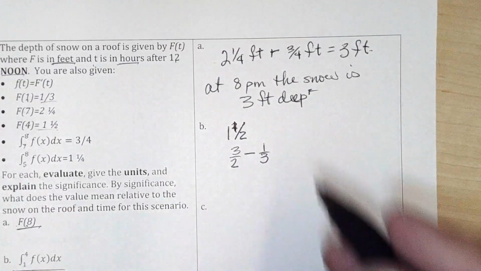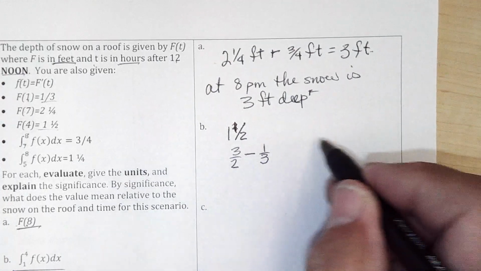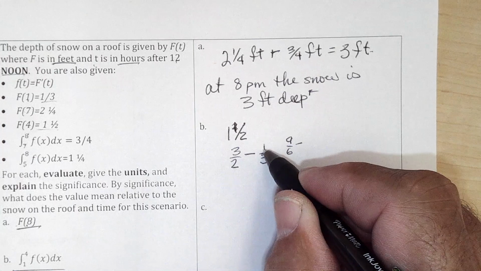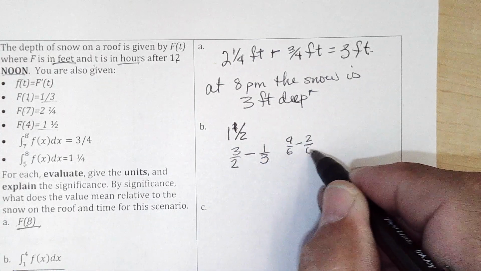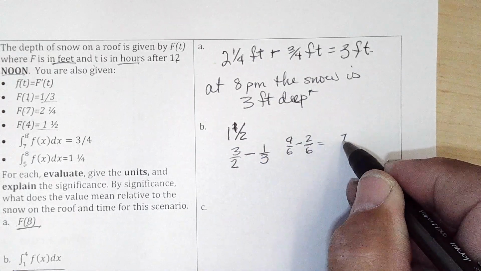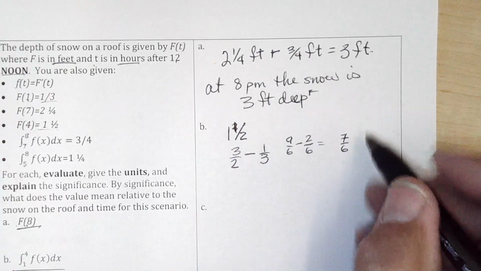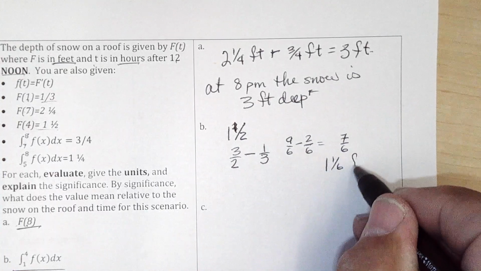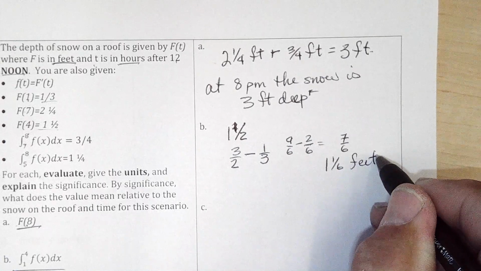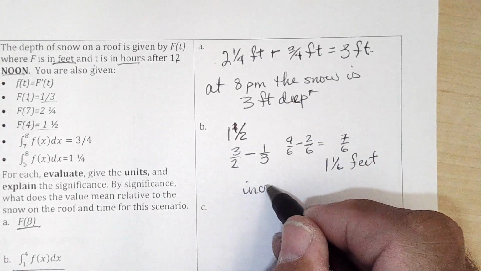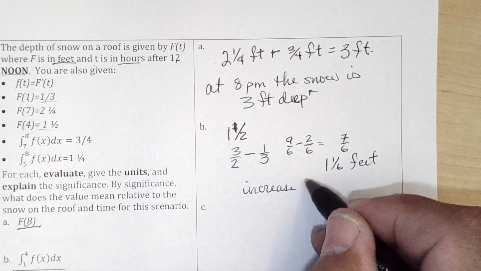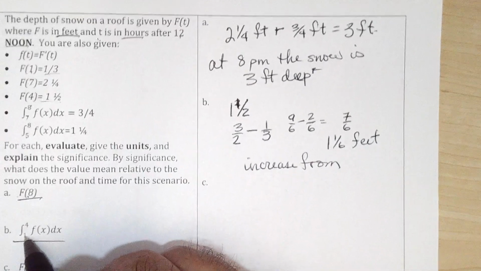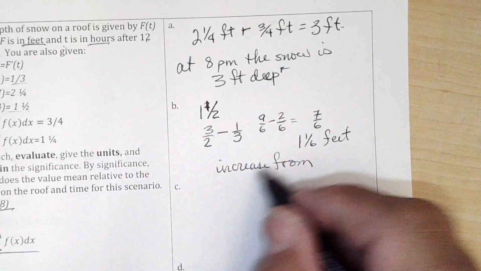So getting a common denominator, that's 9/6 minus 2/6, which is 7/6, or 1 1/6 feet increase from 1 o'clock till 4 o'clock.